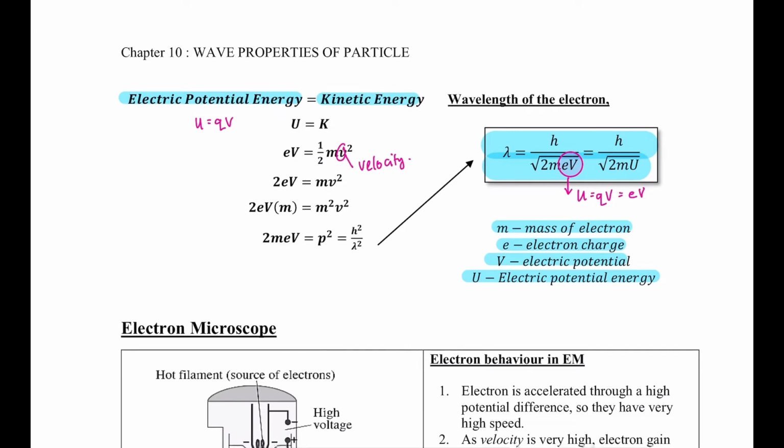Kalau ada particles lain, so lambda equal to h over square root of 2mQV besar. Okay, ataupun sama yang inilah h over square root of 2mU. For other particles, alpha ke, beta ke dan sebagainya, so mass ni will be the mass of the particle, so Q will be the charge of the particle. Okay, so be careful, put in mind that small v is the velocity, capital V is electric potential.